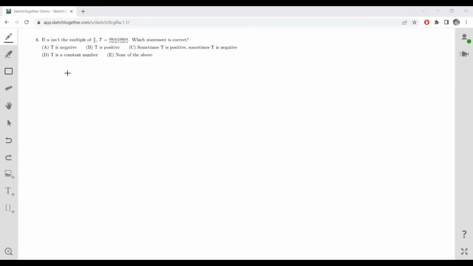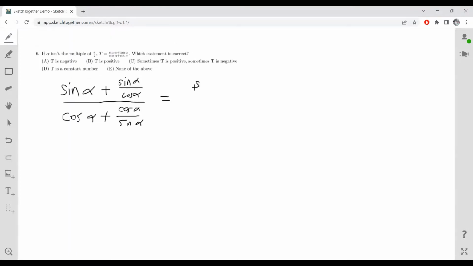So to approach this problem, first we'll rewrite tangent in terms of sine and cosine, so that'll be sine alpha over cosine alpha. And then cosine alpha plus cotangent is cosine alpha over sine alpha. This is equal to, so we'll multiply sine alpha by cosine alpha over cosine alpha.